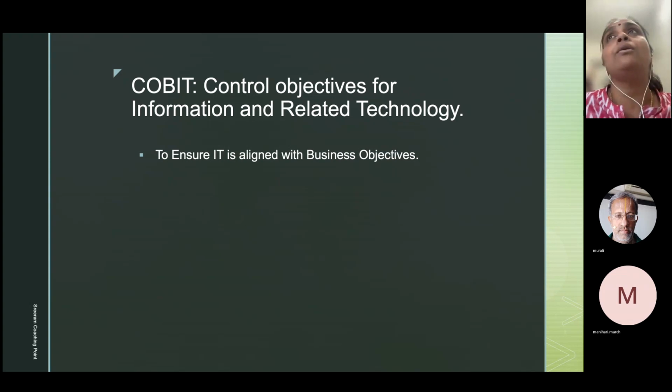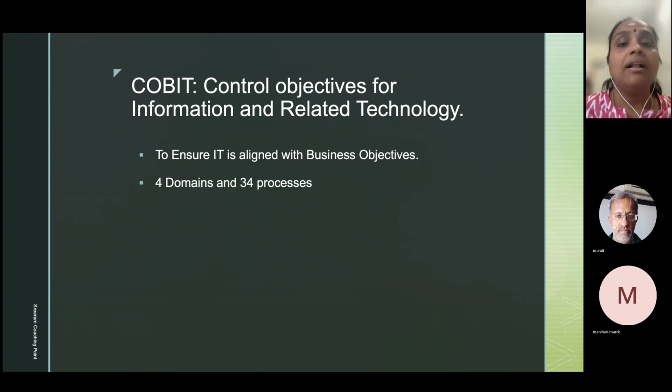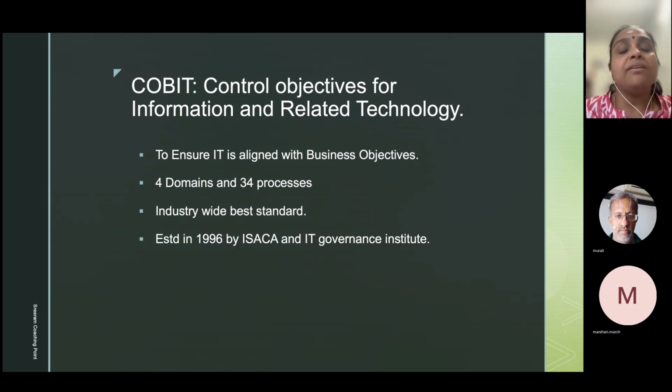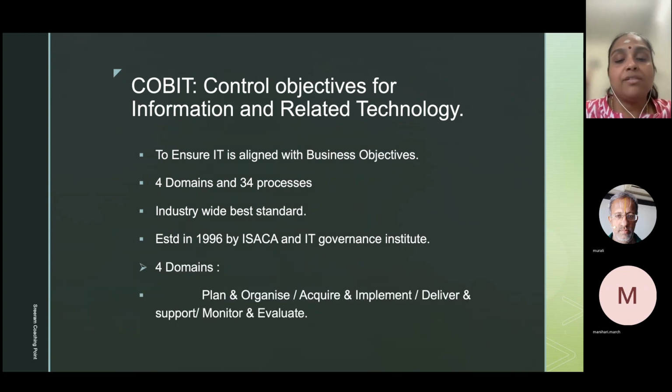Otherwise, there's no point, because your IT helps in your processing capability or improving it. And the main goal is our business objectives. Then it has 4 domains and 34 processes, an industry-wide best standard, established in 1996 by ISACA and the IT Governance Institute. And it has 4 domains, which are plan and organize, acquire and implement, deliver and support, and monitor and evaluate.